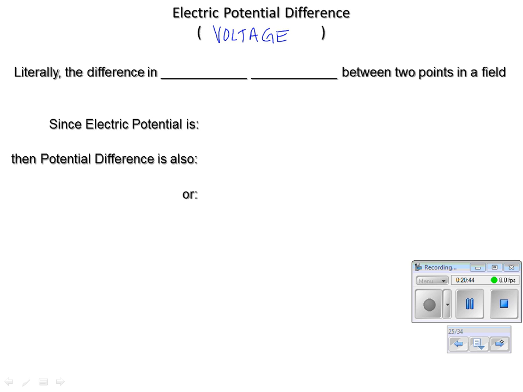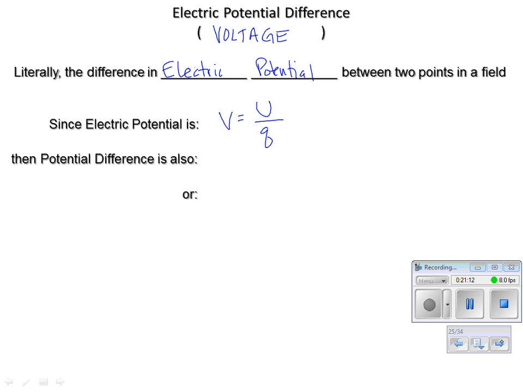which is a word that a lot of you have heard. Now we get to talk about what that means. So potential difference is literally the difference in electric potential between two points in a field. Now, electric potential V is electric potential energy per unit charge.